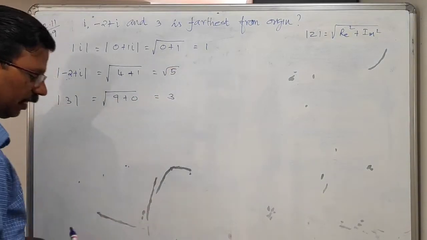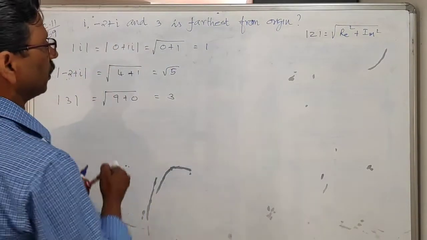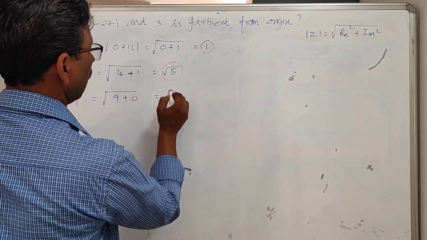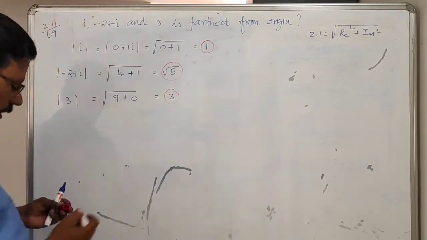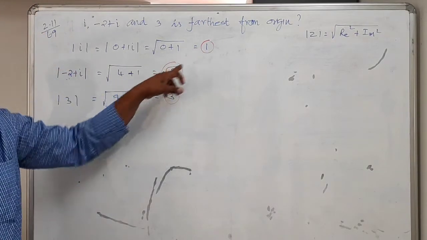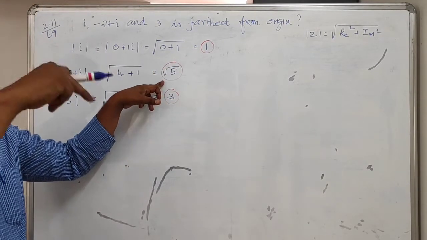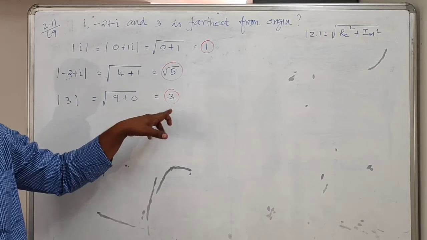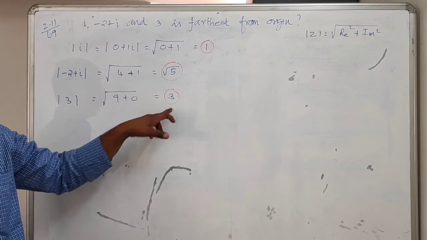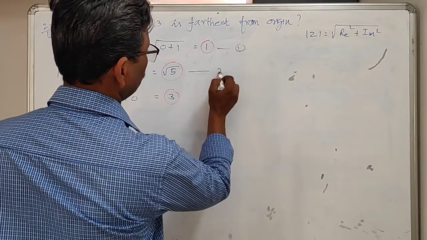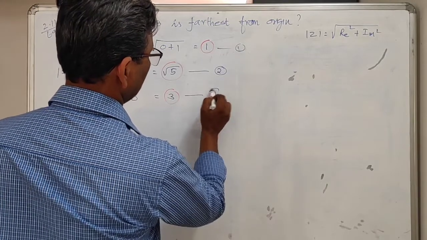You compare these 3 results. Compare these results: 1, root 5 and 3. Among these 3, which is greatest? 1, root 5 means 2.236 like that. Now this is 3. Among these 3, which is the biggest one? 3 is the biggest one. Okay, therefore you can write this as equation number 1, this as 2, this is 3.